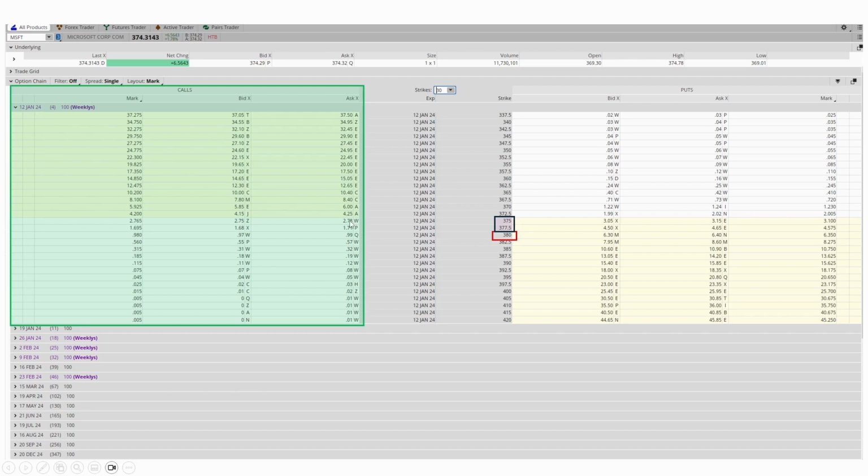If this share price moves beyond this strike, it will gain intrinsic value, but it's not going to gain as much extrinsic value.